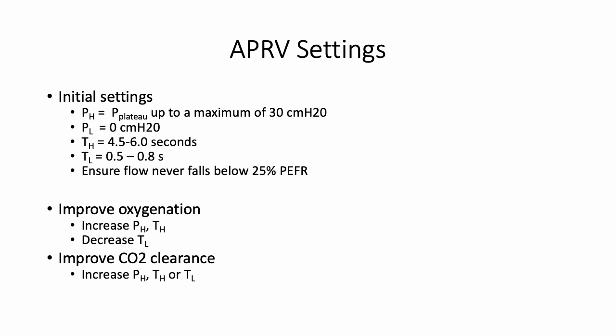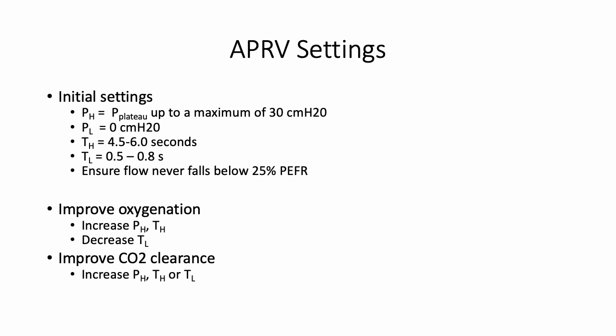And essentially, we never ever want this to get to 0. And our ventilators now can do auto flow, so it will calculate it for you and make sure the exhalation time is adequate, and it will adjust it automatically. So if we want to improve the patient's oxygenation, we're going to increase your P high, we're going to increase your T high. So we're going to give more pressure for a longer time, and then we're going to decrease your T low.